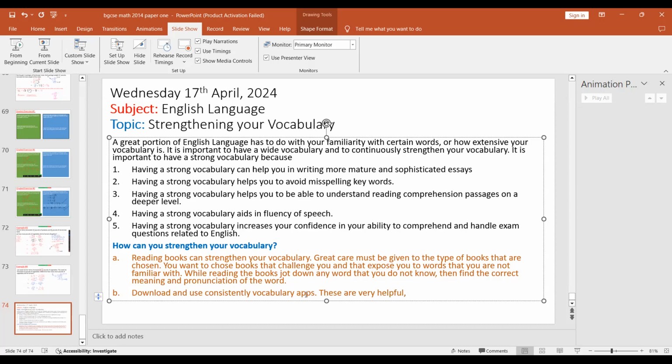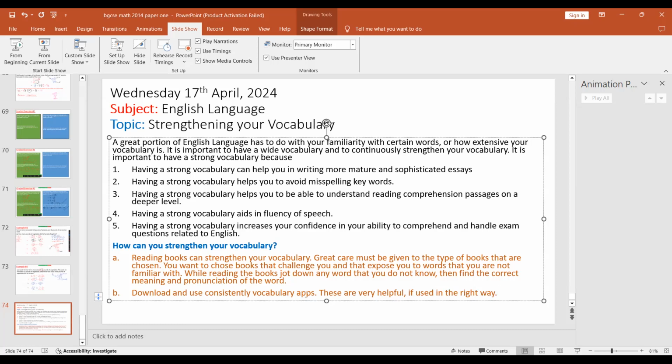These are very helpful if used in the right way. Okay, so you want to make sure that you download and use these vocabulary apps because they really help.